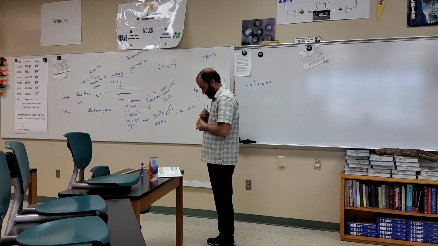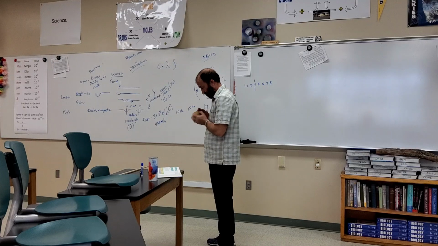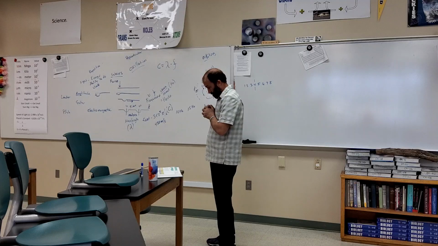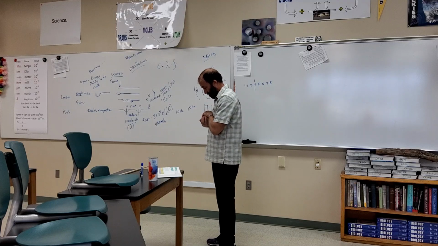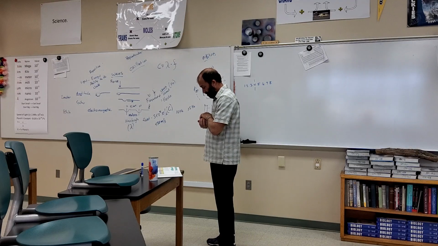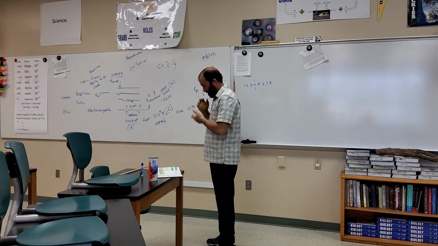Instead, Planck suggested that the object emits energy in small specific amounts called quanta. A quantum is the minimum quantity of energy that can be lost or gained by an atom. Planck proposed the following relationship between a quantum of energy and the frequency of radiation: E equals hv.